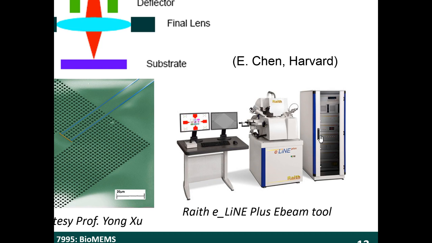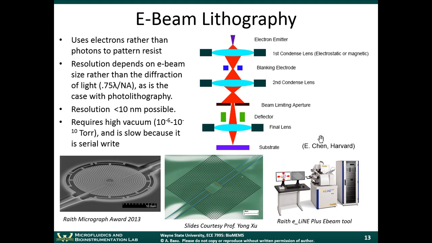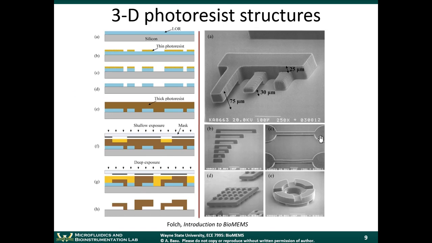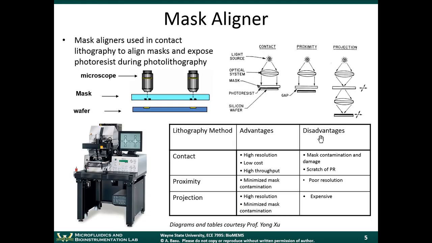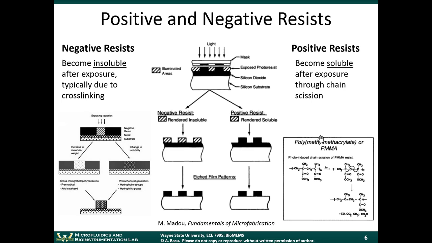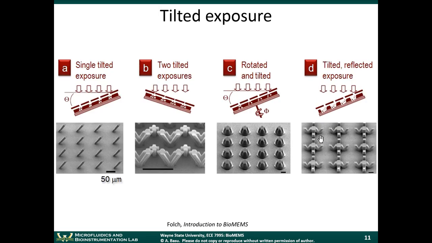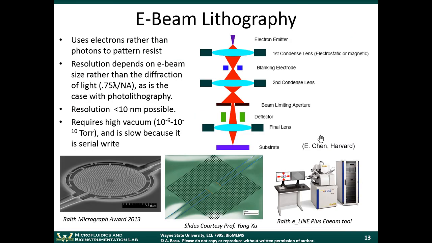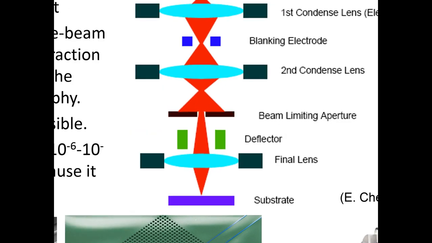So notice that this is very different from a mask. In the mask type system, as we saw earlier, just to be clear here, we're shining ultraviolet light through a mask which is transparent in some regions and opaque in other regions. In the case of the electron beam, you just have a single beam, and you're raster scanning it back and forth across your photoresist.